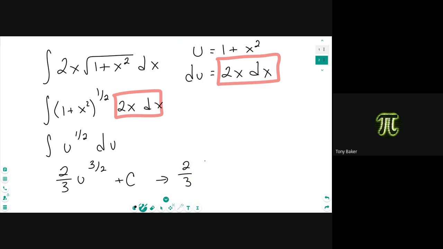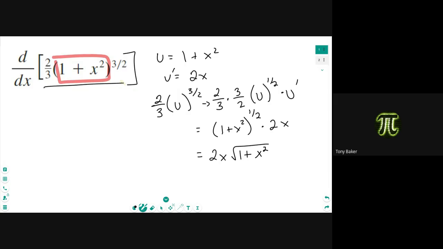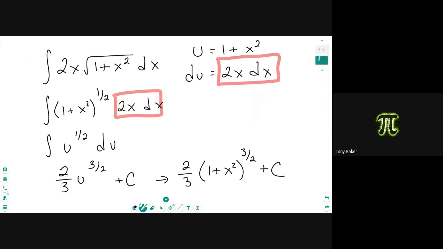So 2/3 times 1 plus x squared to the 3/2 plus c. Exactly what I started with. Good, we're done. That's your substitution. Go. Just kidding.